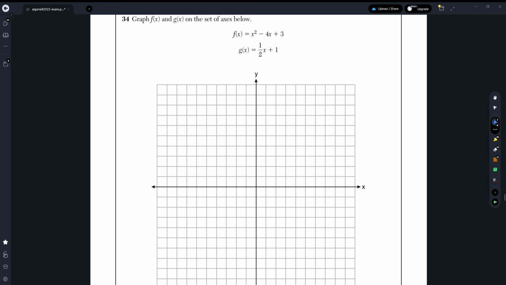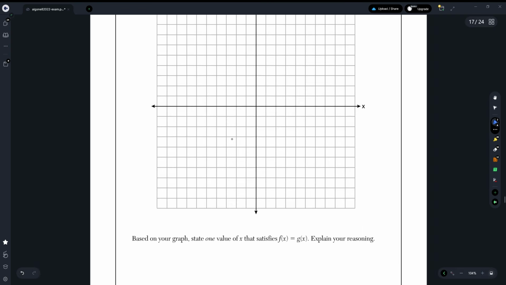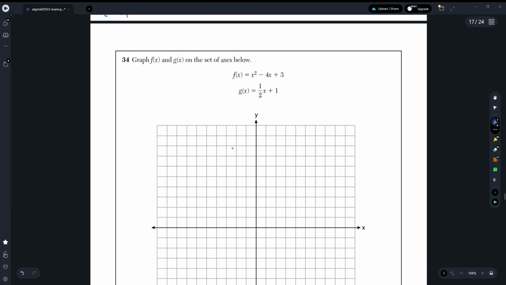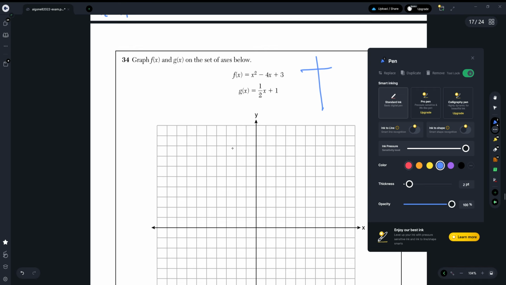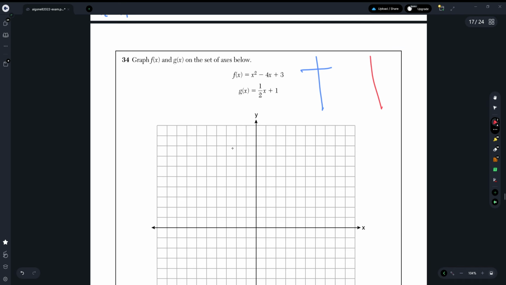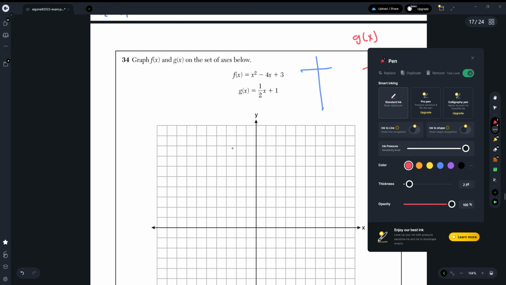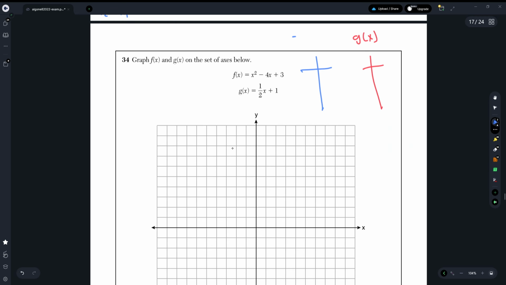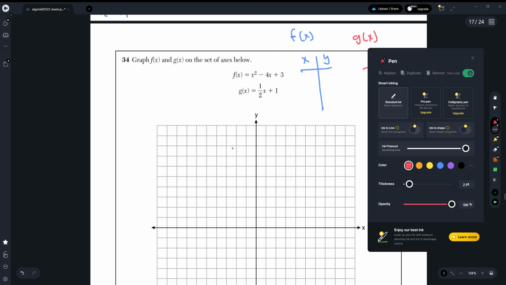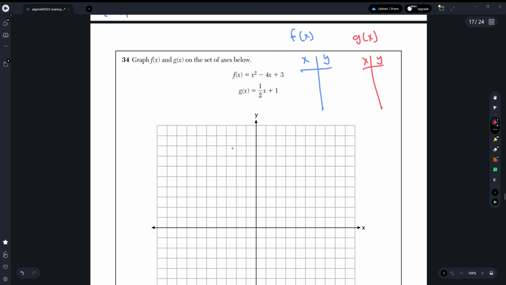I'm going to do my little trick where I go into my table, right? So I'm going to make a table for f of x, and then I'm going to make a table for g of x. Here's x, here's y, here's x, here's y.